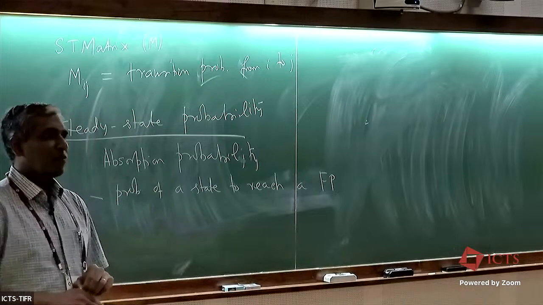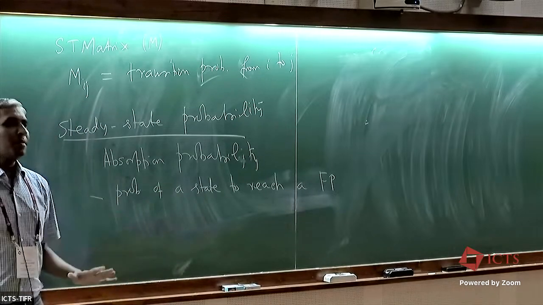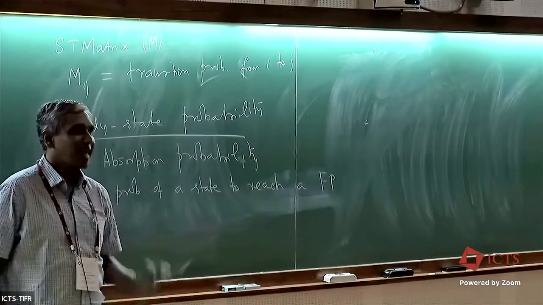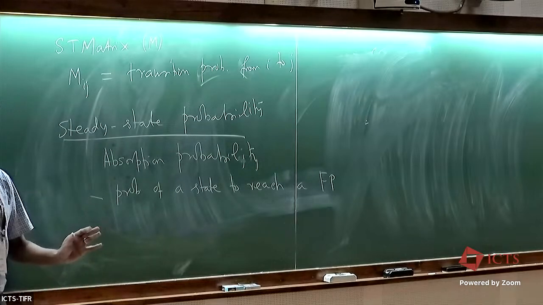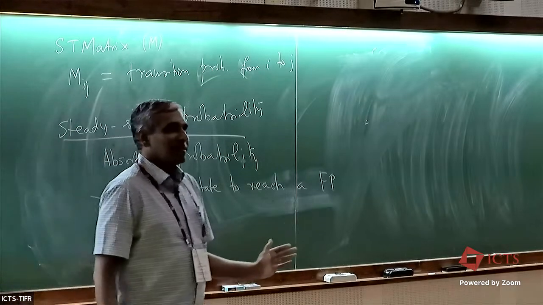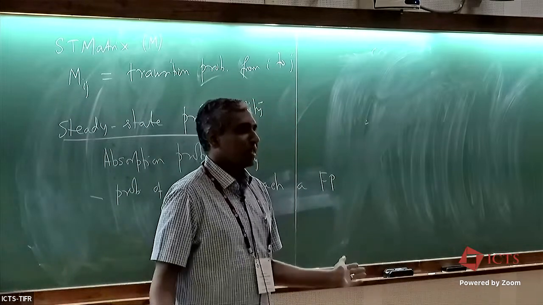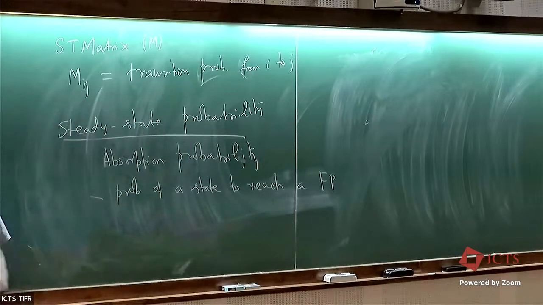You can have a diversity of fixed points, and you can find out the probability with which the network will settle down into a given fixed point. For example, you can have two fixed points, and the network could settle into them with a 60-40 ratio. You can find out that probability, and that is the steady state probability.